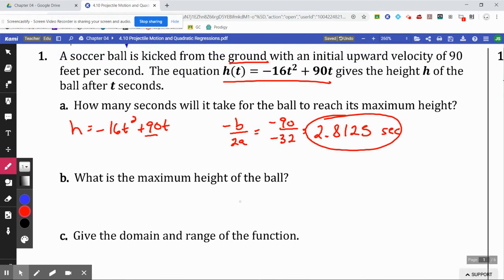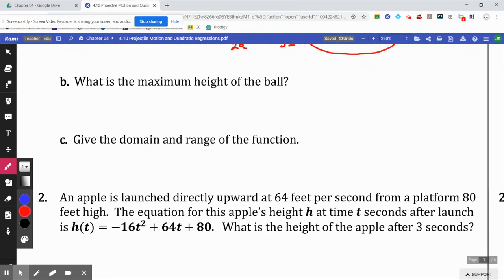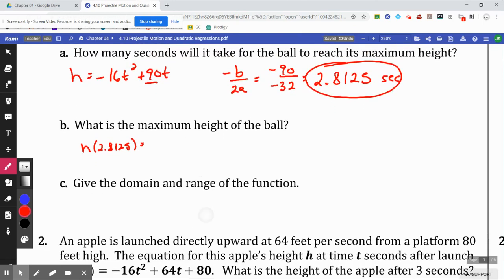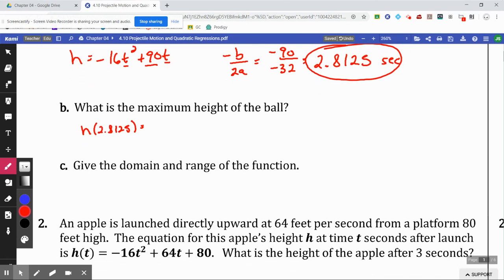What is the maximum height? The maximum height occurs at 2.8125 seconds. So what is the height at 2.8125 seconds? How do we find that? We simply plug it in. We're going to do negative 16 times 2.8125 squared plus 90 times 2.8125.